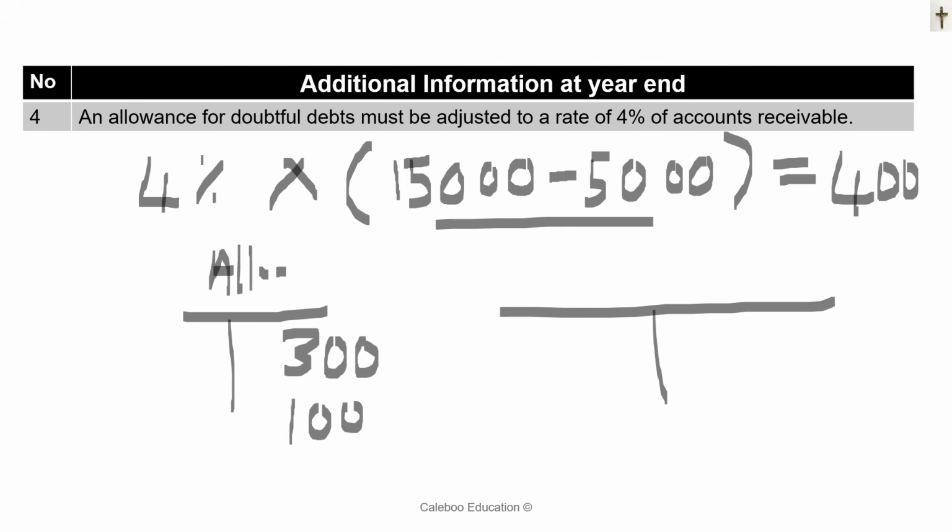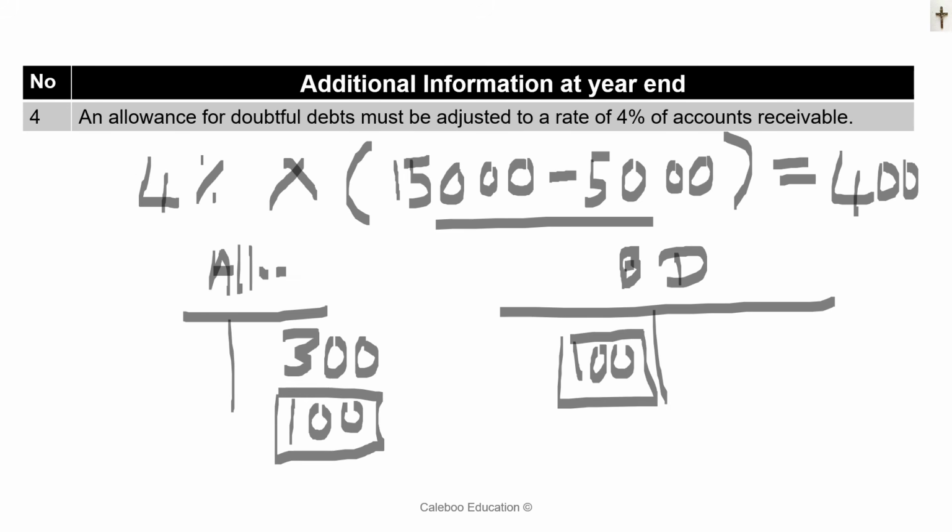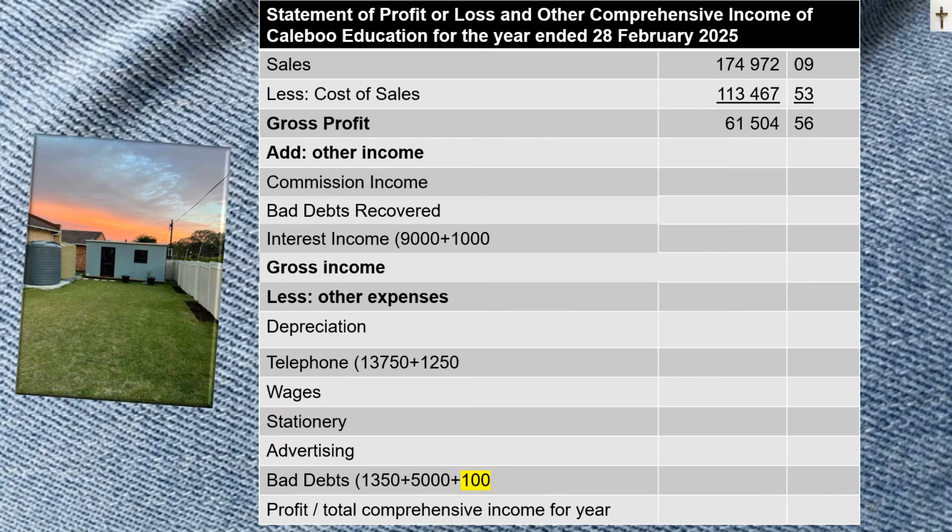And the account that your textbook debits is bad debts, and that increased by another 100. So this is your adjustment from this transaction, and it will look like this. That 1,350 in bad debts was the amount from the pre-adjusted trial balance.